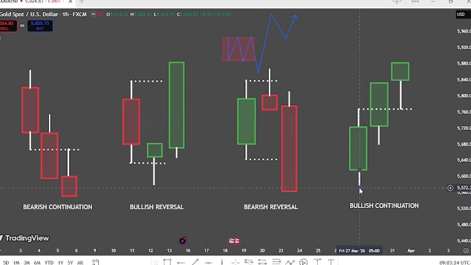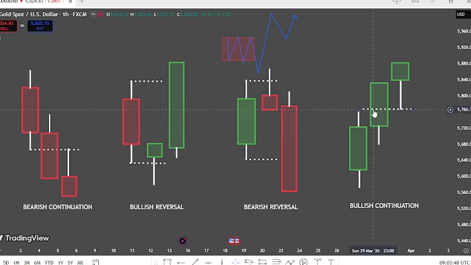Now, being that this candle has a high and a low, we wait for price to close above this candle, and once price closes above here, we look for an entry on the wick of this candle right here, of the first candle.